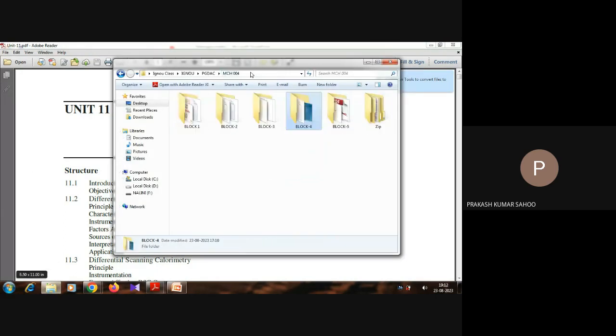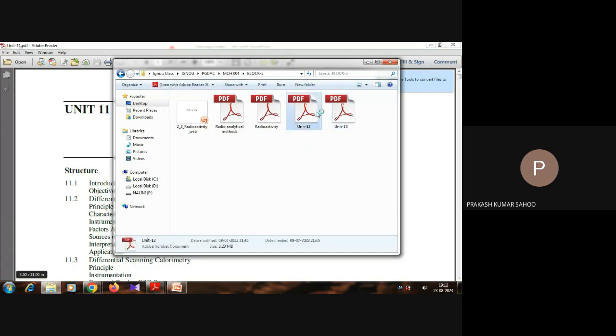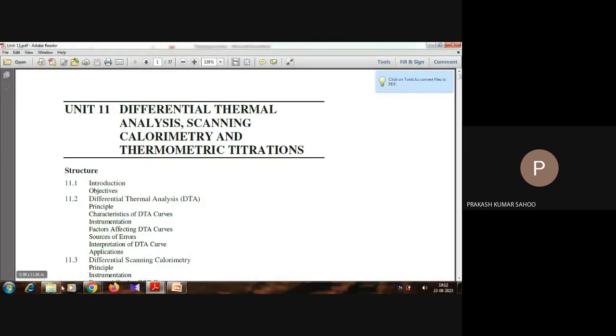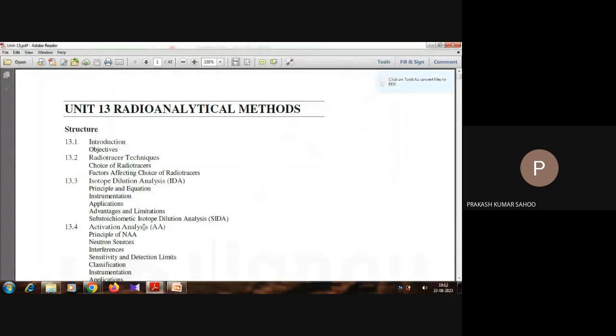Then we have the last part, unit 12, radioactivity. Very interesting this one, radioactive and nuclear chemistry. And after that we have the last unit, that is radio analytical methods.